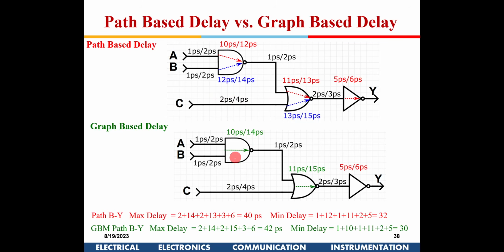Even for the other paths, you will see it is 40 and 32 for the B path, the BY path. Whereas when you do the graph based method, it is slightly on the higher side, 42, and this is also faster. 32 has come to 30, 40 has come to 42, so this range is actually a subset of this range.